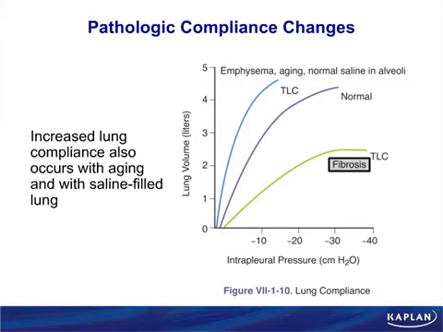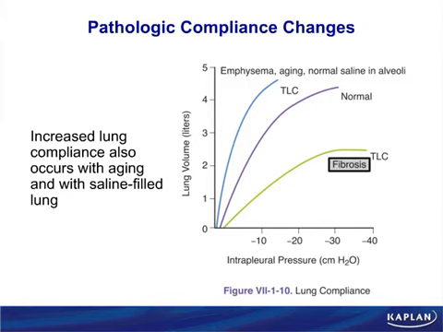So pulmonary diseases like interstitial fibrosis are characterized by reduced compliance. We put these all together and label them as restrictive diseases. The lungs are restricted from expanding.